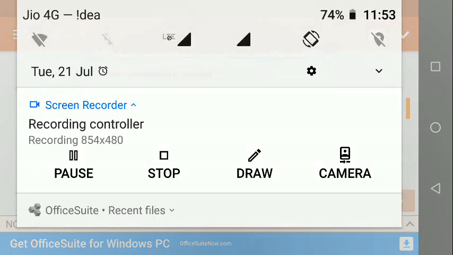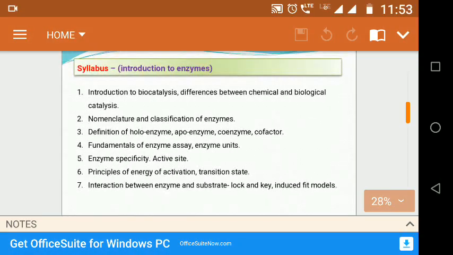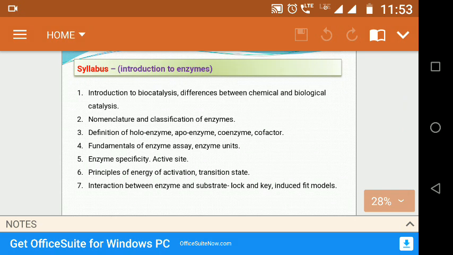So in this video lesson, we have covered the active site, its nature, how the active site is formed, how it plays an important role in the specificity of the enzyme, and what parts are present in the active site.